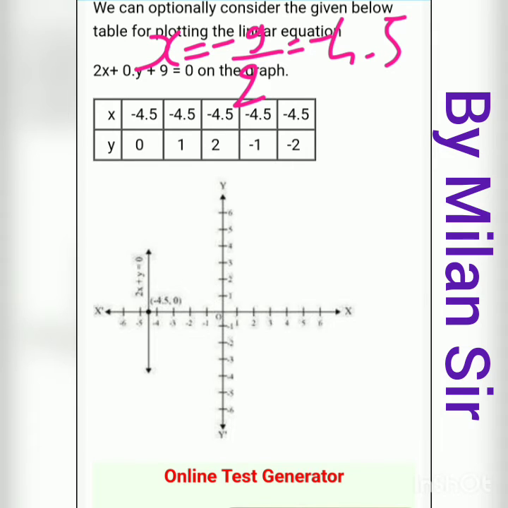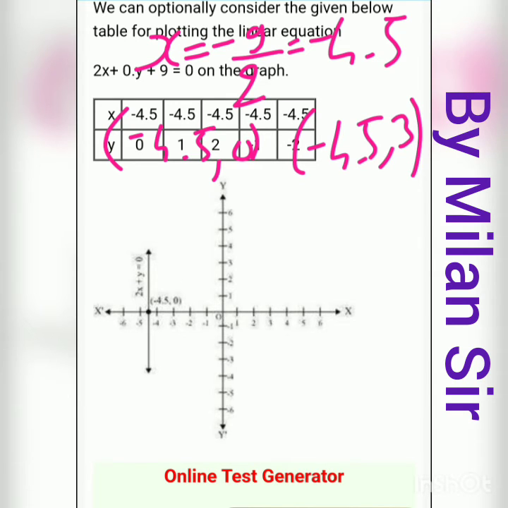You can take any value of y, but x is constant, it is minus 4.5. So just take one point which is minus 4.5 with 0, and take another point, minus 4.5 with 3. You can take any value of y, your x coordinate is minus 4.5.